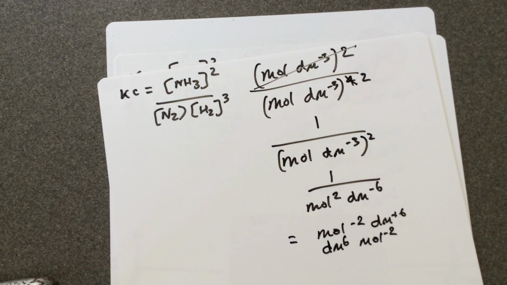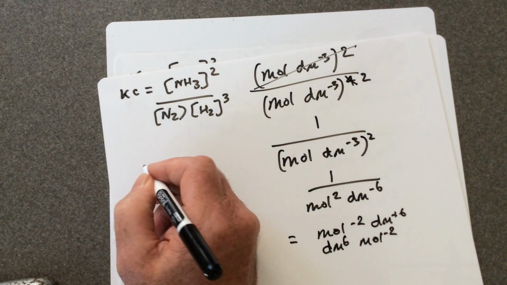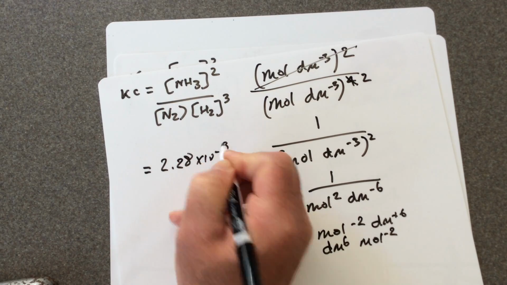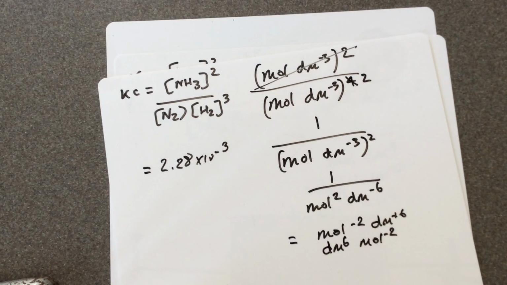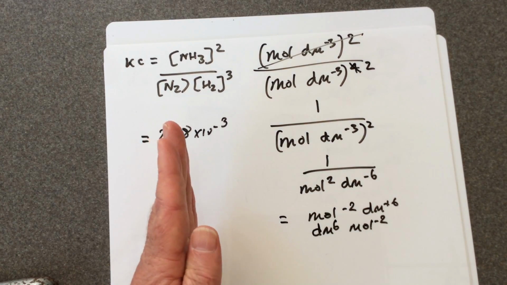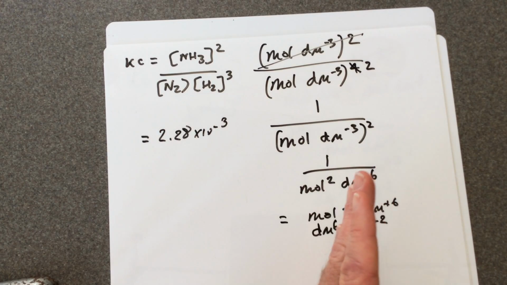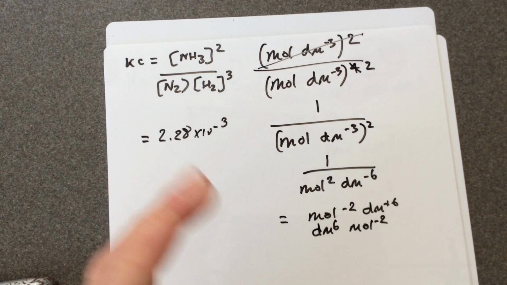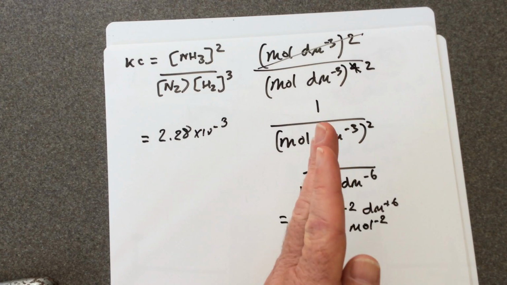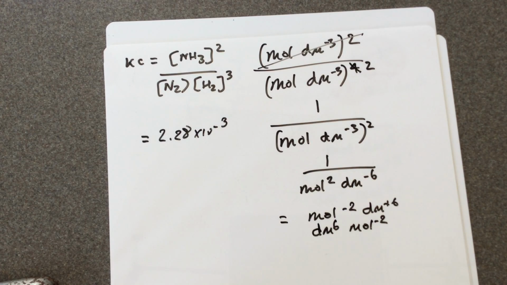So if you stick all of those numbers into the Kc expression, what you should come out with is 2.28 multiplied by 10 to the minus 3 with these units. It's really important that you do the numerical calculation and the calculation for the units separately. Don't start confusing the two. So clearly set out the numerical calculation, and at the side set out the calculation for the units.